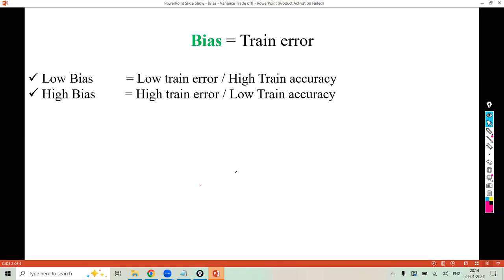The word accuracy we are going to use in classification projects. The word error we are going to use in regression projects.